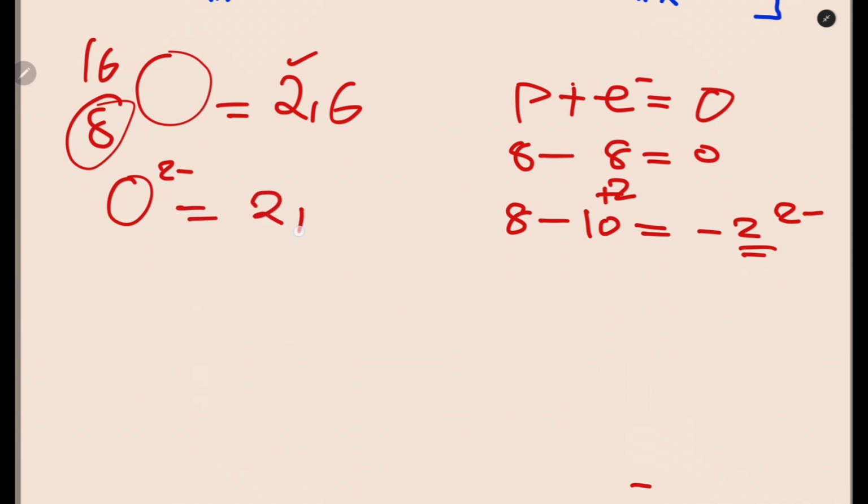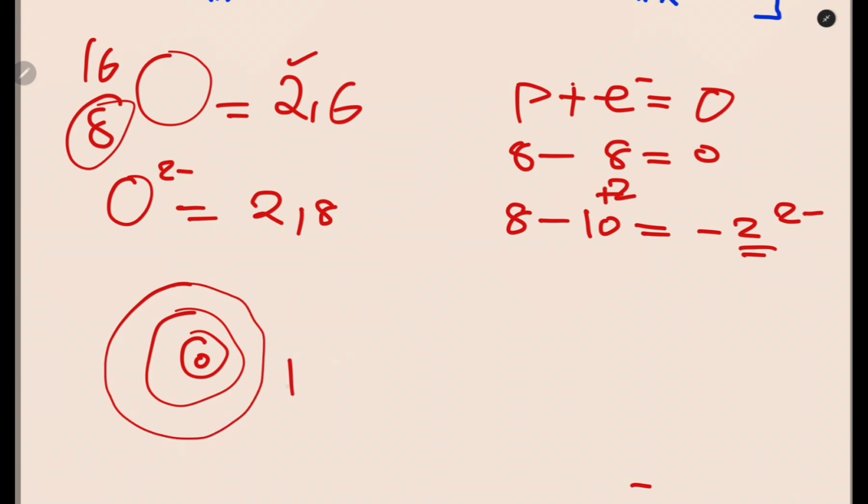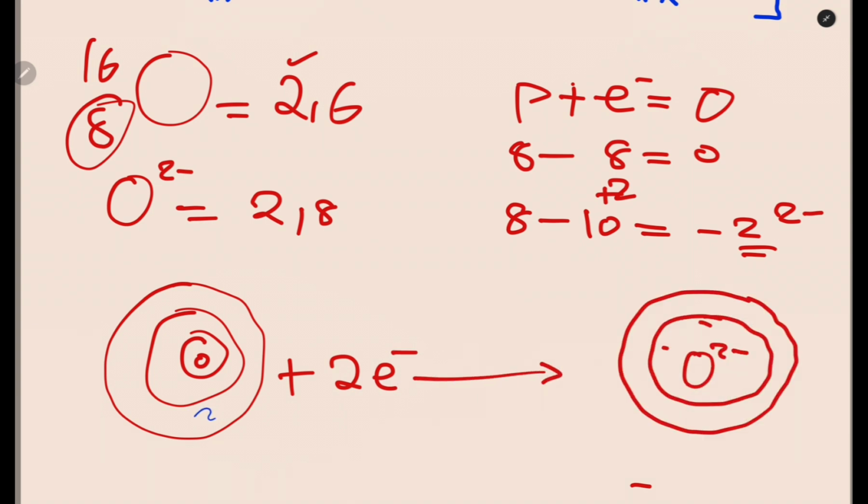So the configuration is 2, 8. Then we are going to have the normal oxygen with how many shells? Just 2 shells plus 2 electrons. In the first shell we have 2 electrons, in the second one we have 6.